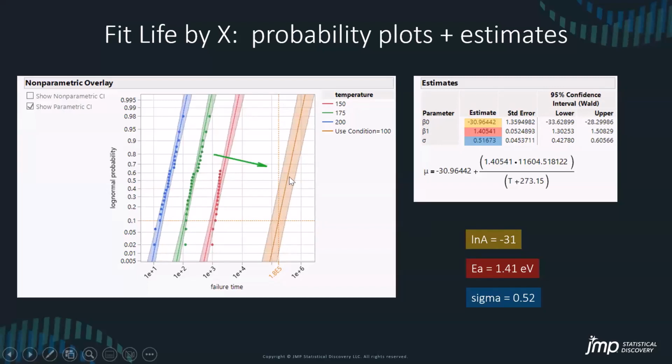So we know the shape factor for use conditions. If we know the shape factor at use conditions, we can also put in a value for T. We could put 100 in for T here, we get an expression, and we'll know what mu is. We know mu, we know sigma, we know everything. So we can now predict what the probability of failure is at a given time, or what the quantile will be.